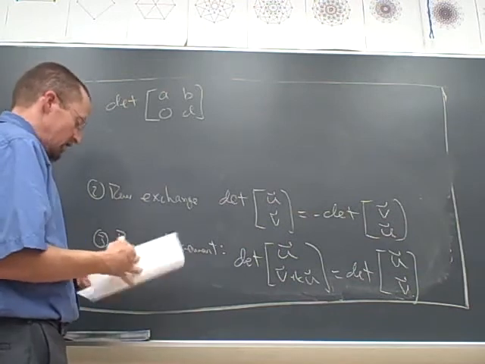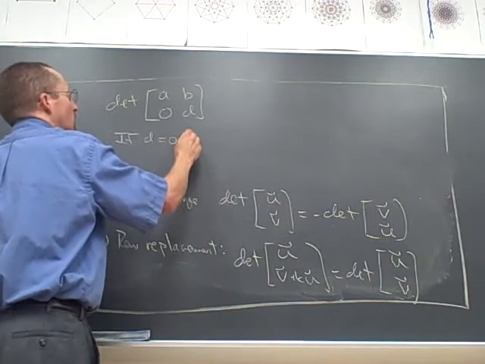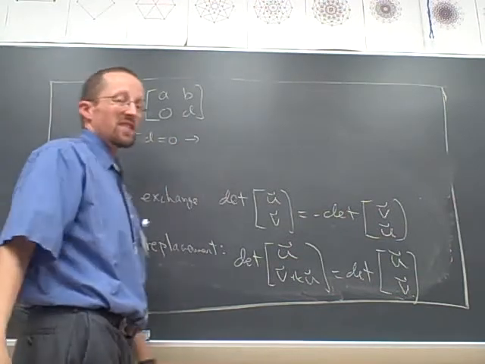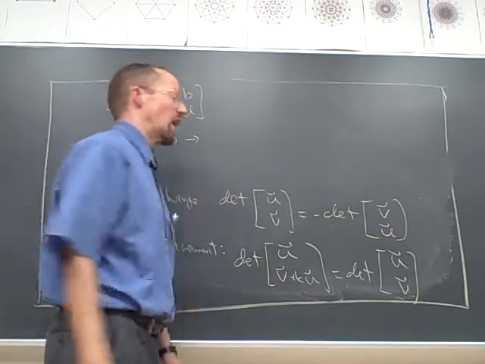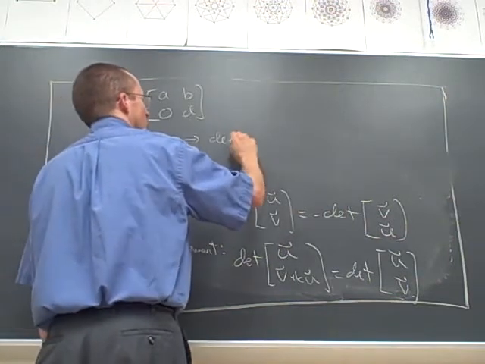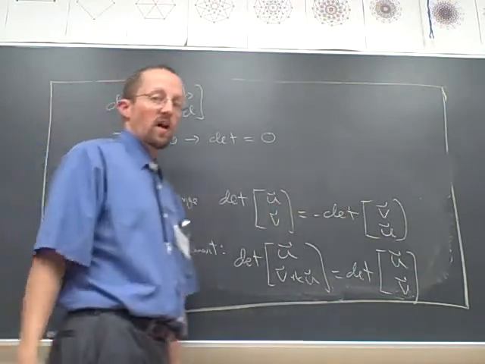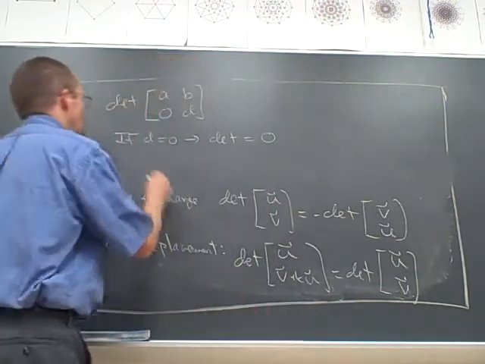All right. So if D is equal to 0, then one of these things is the 0 vector. It collapses. The 0 vector is definitely going to give a 0 because one of the sides of the parallelogram is 0 length.